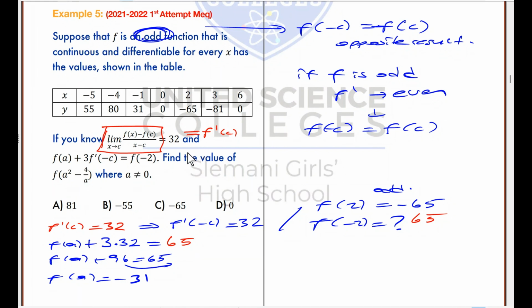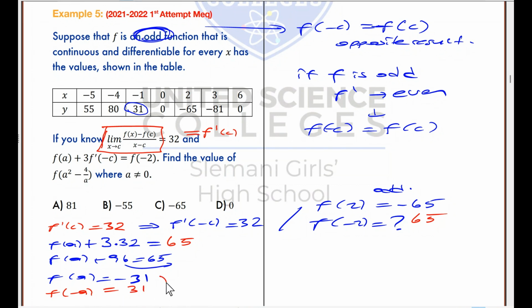Okay, now I'll also apply the table. In the table, do you see any negative 31? No, I don't. I just see 31, not negative 31. If f of a is negative 31, f of negative a is what? 31.